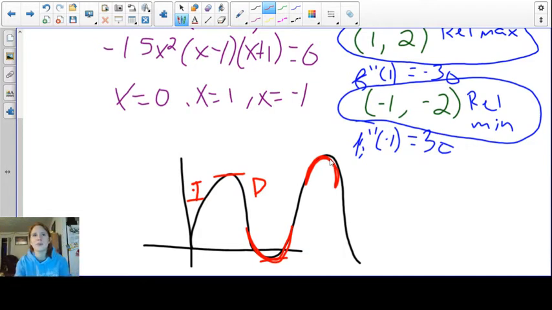So while these two seem completely out of left field, why it's the opposite all goes back to concave up and concave down. If you're concave up, you're going to be a minimum. If you're concave down, you're going to be a maximum.